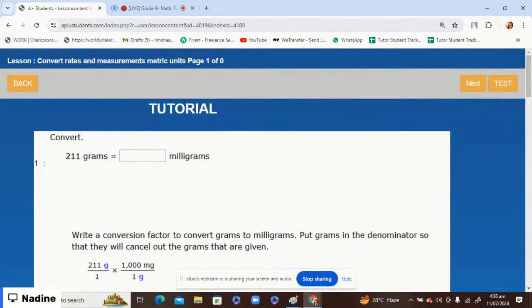So something is in grams, then you convert it into milligrams. Milli means 1000. Got it? Just multiply with 1000. You need to memorize all these things.